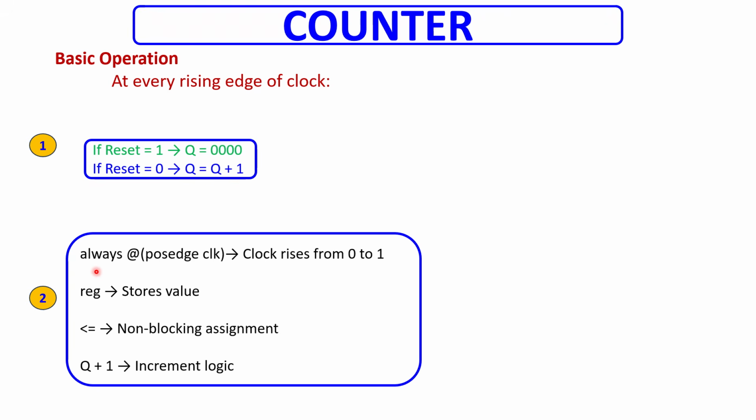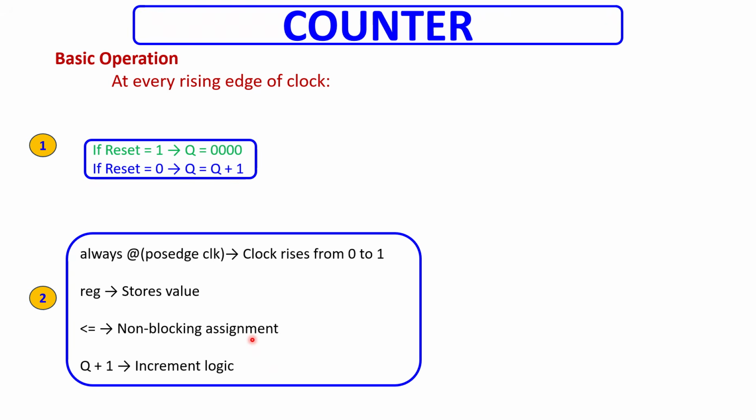Students, the next important thing you have to keep in mind is always @(posedge clock). Always is used for behavioral modeling, and posedge clock means that when the clock rises from 0 to 1, only then the operation begins inside. For every clock edge rise, the operation begins. And reg is used for storing the values, and we know that we use less than or equal to (<=) for non-blocking assignment.